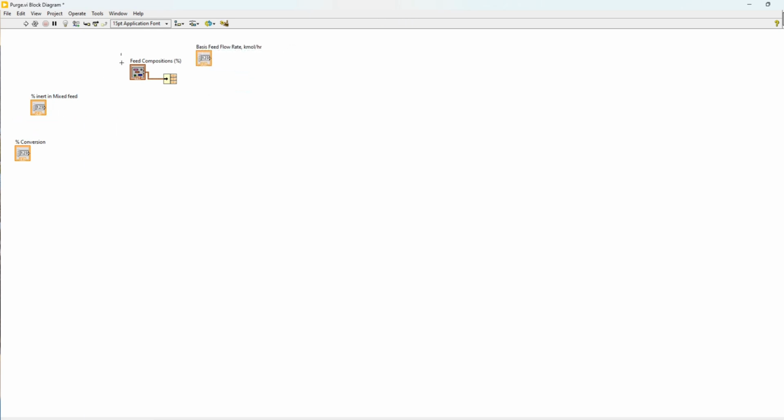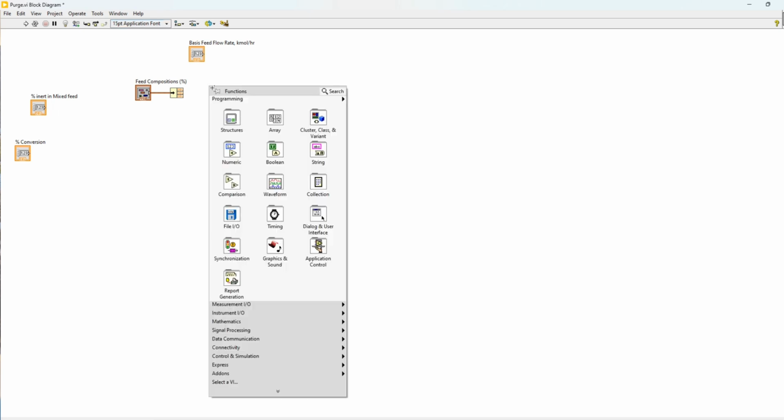This is the basis, and with this base we have, according to that we have to first find out the exact quantity of our feed.